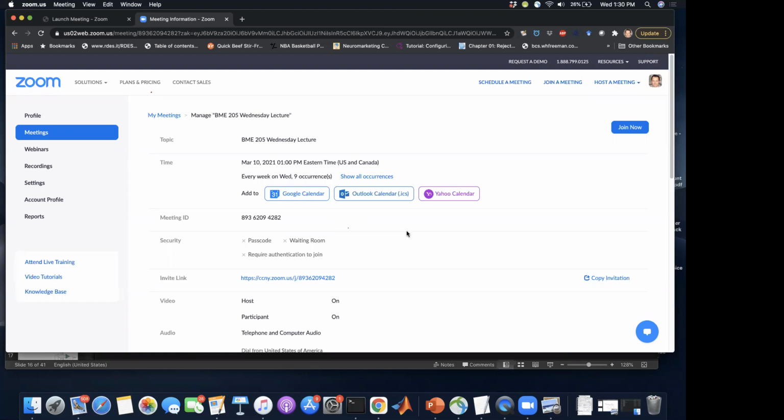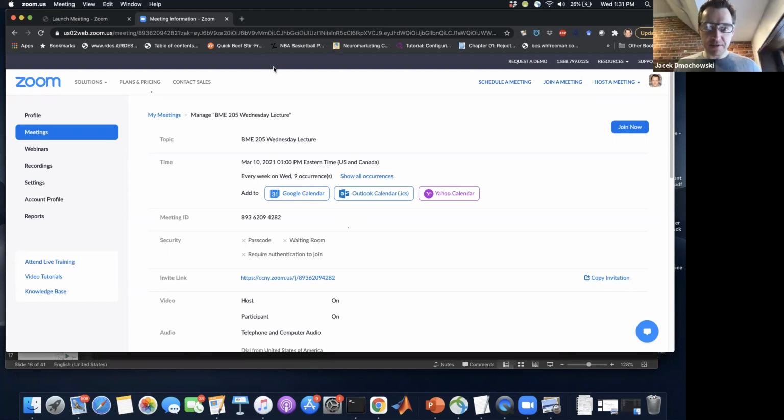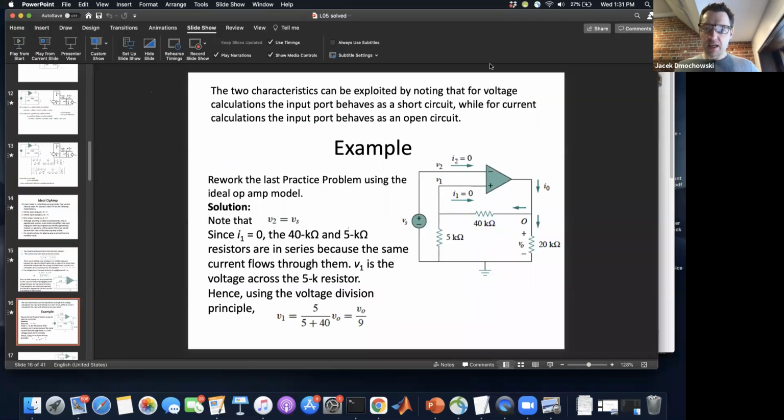Yes. So I will allow you to unmute yourself. So if you have any music that you want to share with the group, go right ahead. All right, you guys can see my screen.